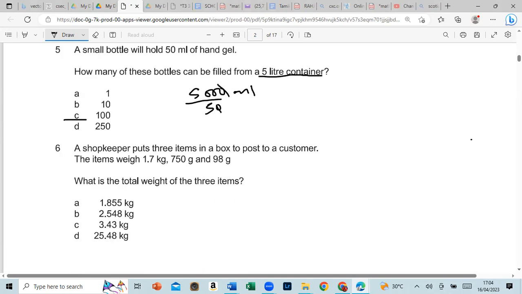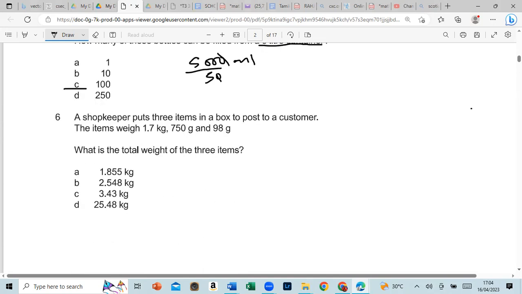A shopkeeper puts 3 items in a box to post to a customer. They weigh 1.7 kilograms, 750 grams, and 98 grams. What is the total weight of the 3 items?